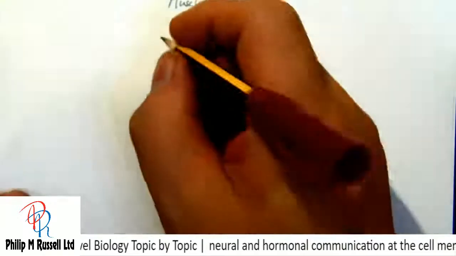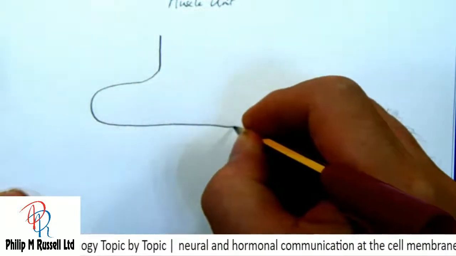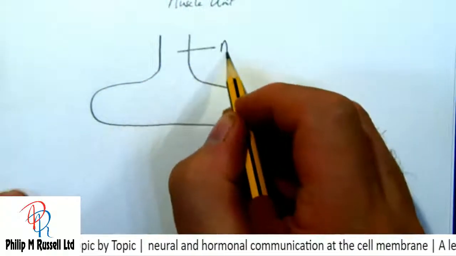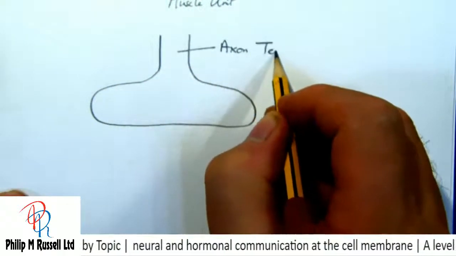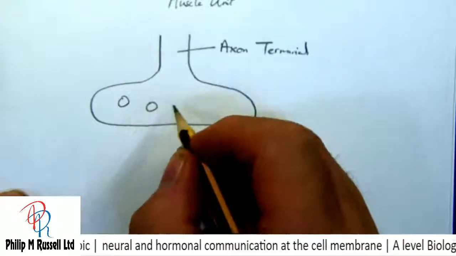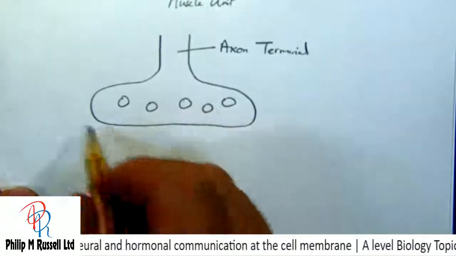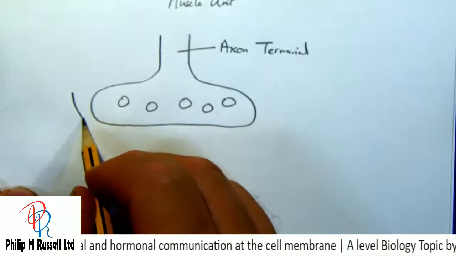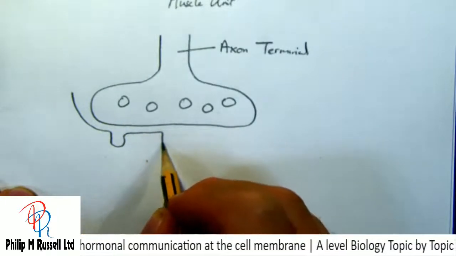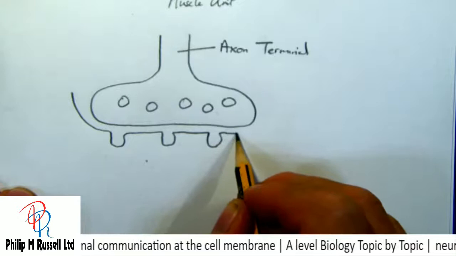And I suppose if I draw this out, this is going to be my axon terminal, and in here we'll have quite a few vesicles containing acetylcholine. This is going to be our synaptic cleft, and it's going to have little junctions along here.